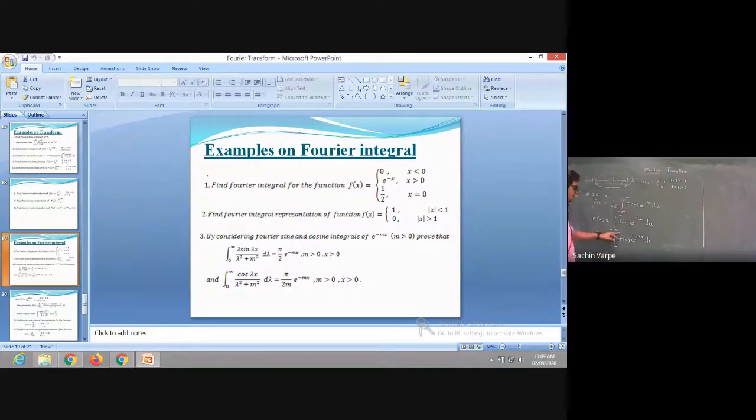Now we have to break this interval, minus infinity to infinity, according to the function given. We have the function in two parts: mod x less than 1 and mod x greater than 1. You should know the definition of these inequalities.